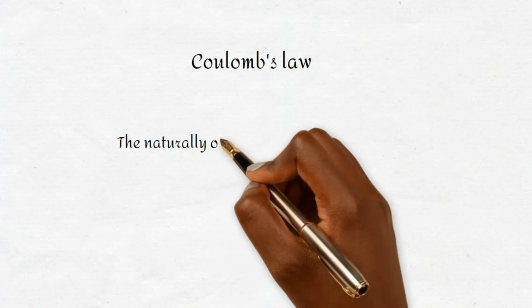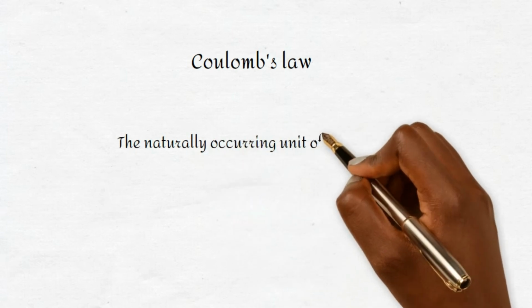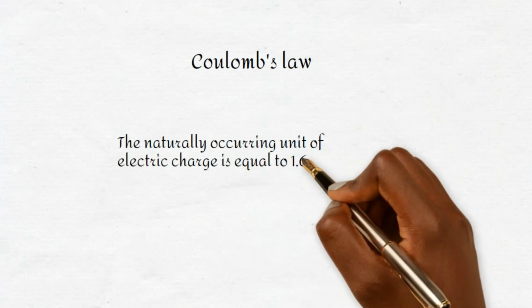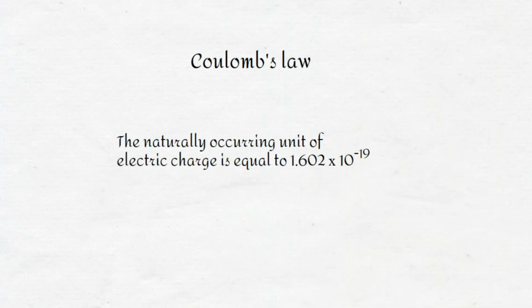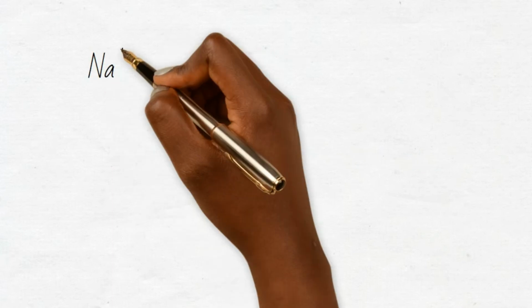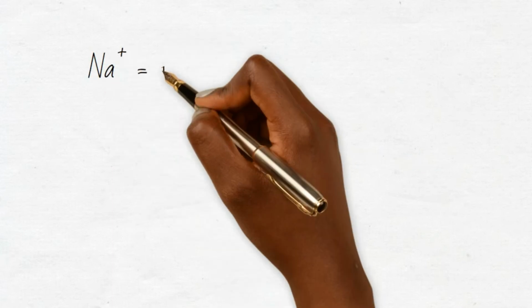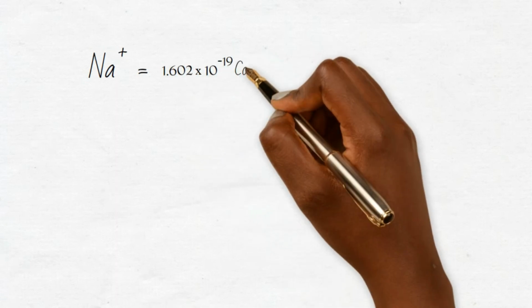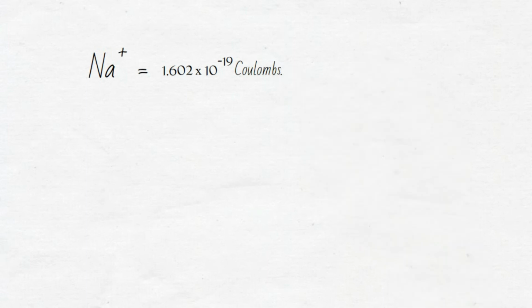Now, the very basic principle of Coulomb's law states that one charge has a value of 1.602 times 10 to the minus 19 coulombs. In the case of the sodium ion with a single charge, it will have a charge value of 1.602 times 10 to the minus 19 coulombs.